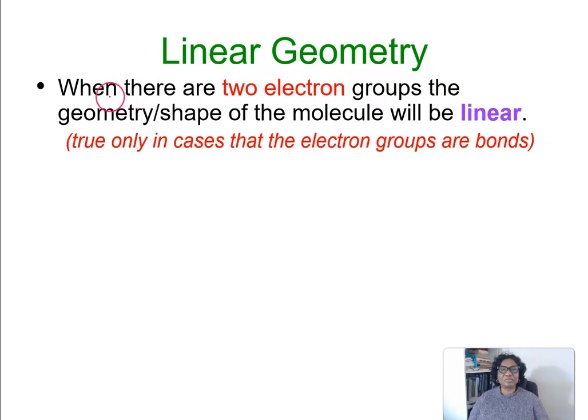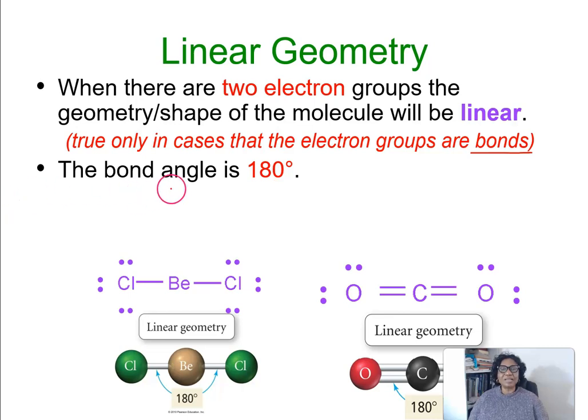Linear geometry is when two electron groups are around the central atom. When you have two electron groups around the central atom, the shape of the molecule will be linear. But please note, in this case, the electron groups are bonded. And the bond angle will be 180 degrees.